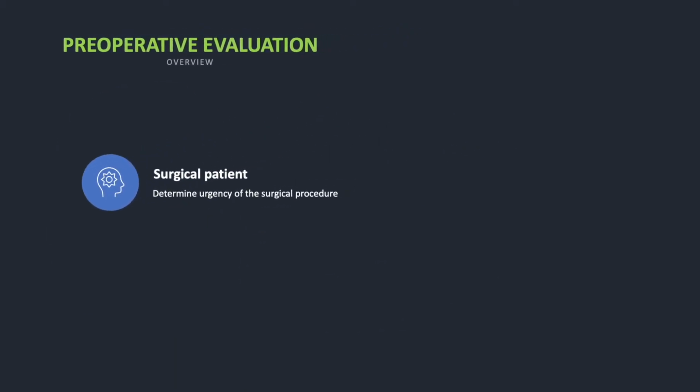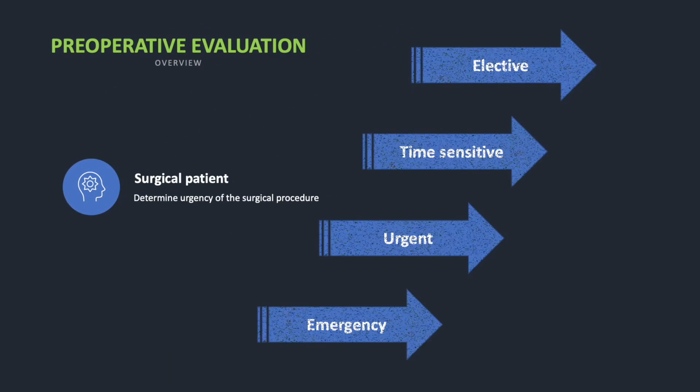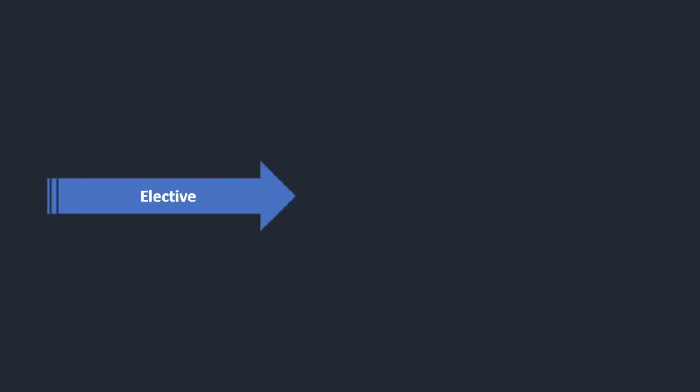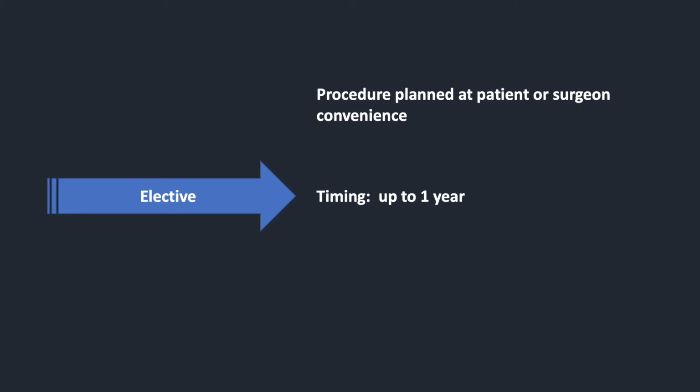For the surgical patient, this determines the urgency of the surgical procedure. So we do have 4 types of procedures: the elective, time-sensitive, urgent, and emergency. For elective cases, these are procedures that are planned at patient or surgeon's convenience, and the timing can be up to a year, and all procedures that can be planned in advance.